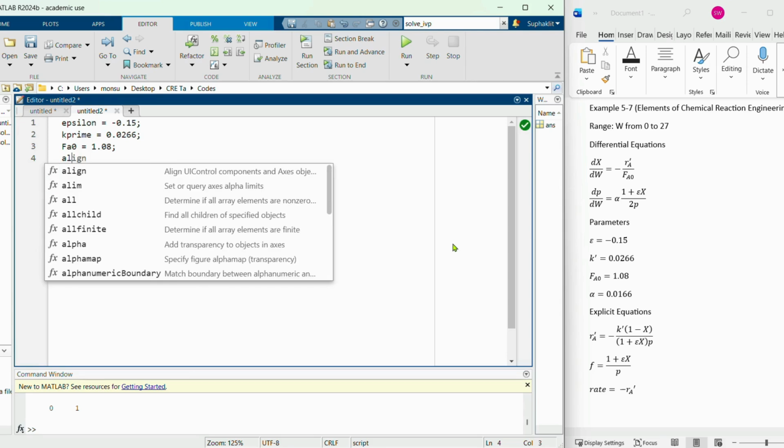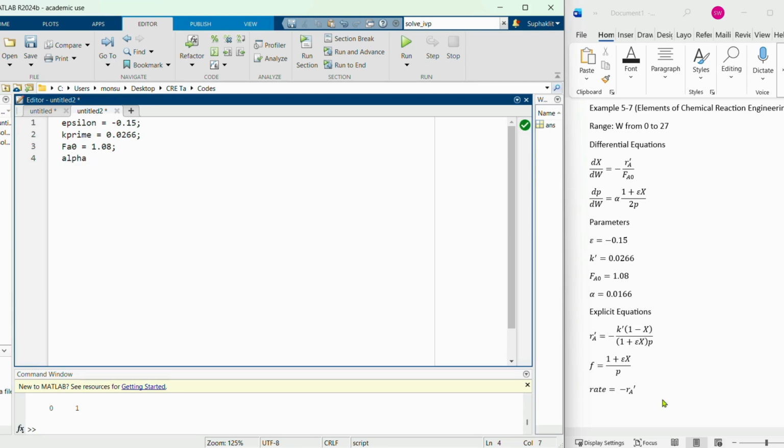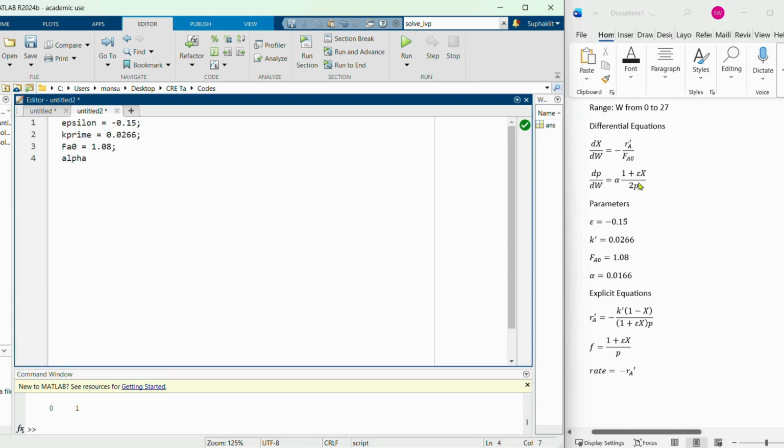And alpha, which is a parameter for our pressure drop.